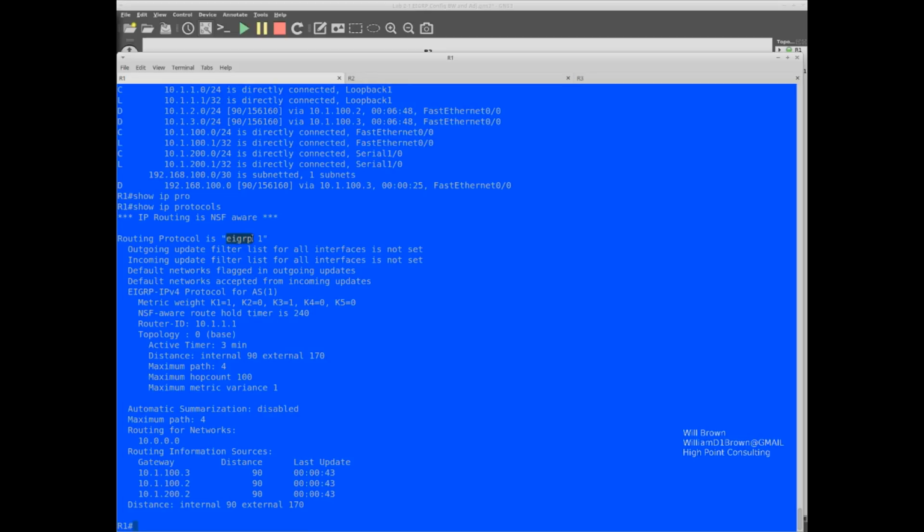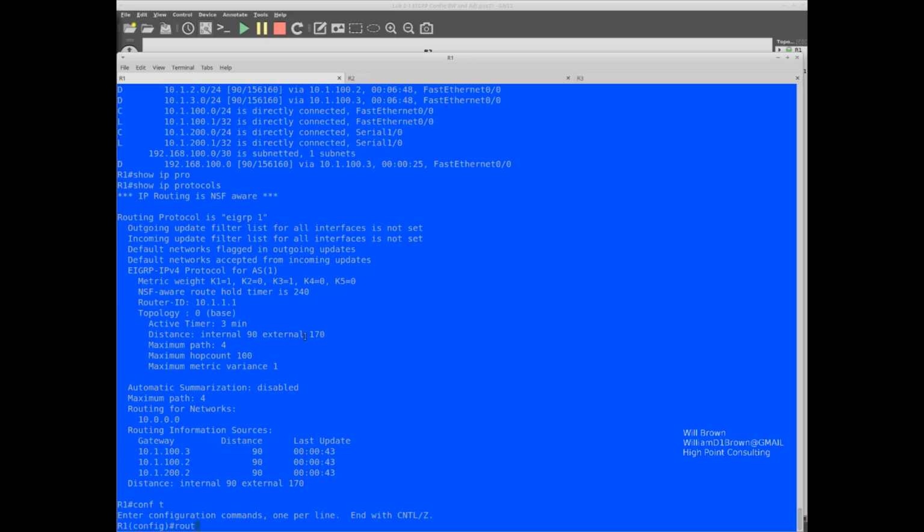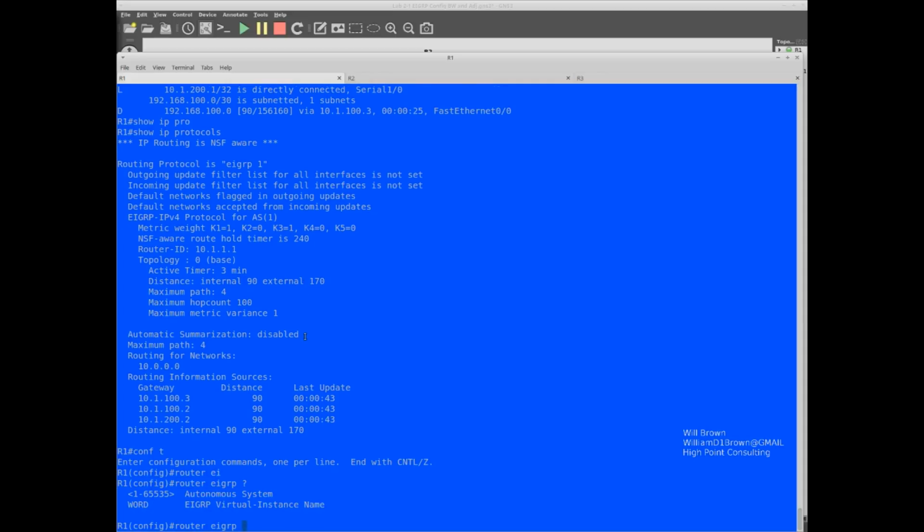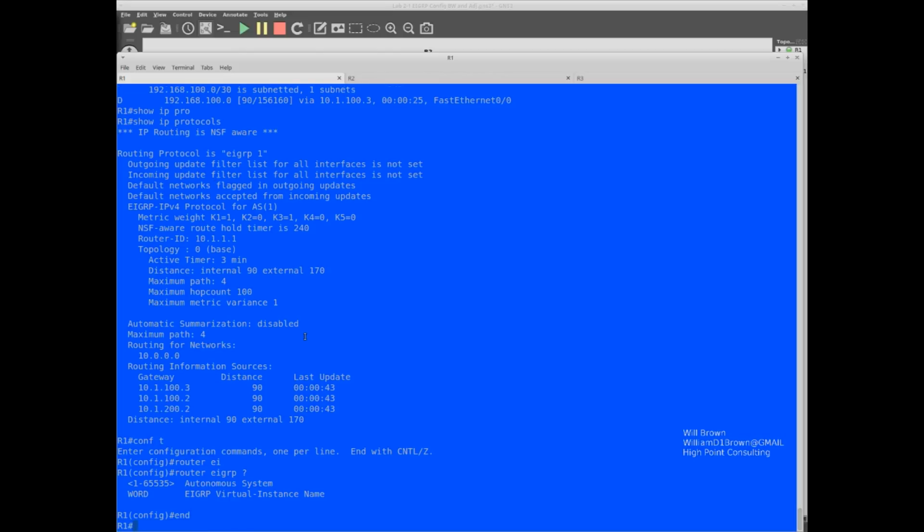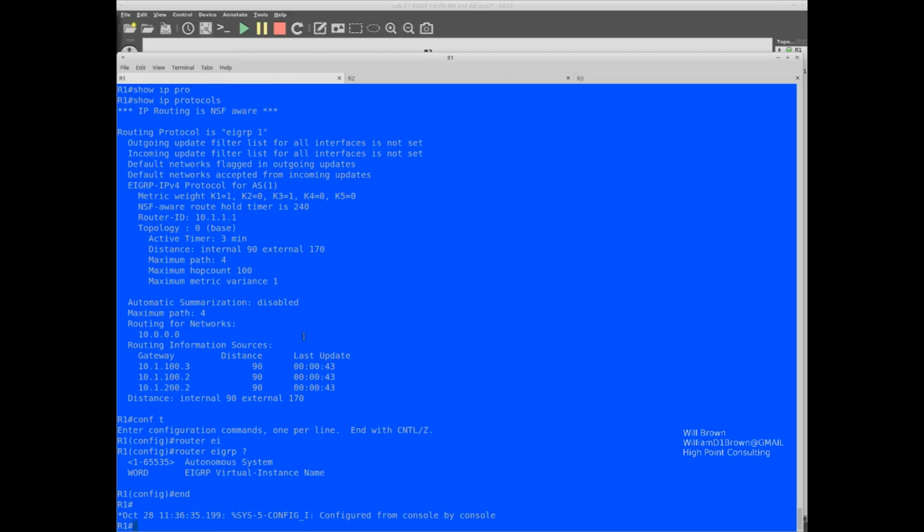We see that EIGRP with process ID, and make sure that if you ever have any doubt, router EIGRP, what is that? It's the AS. I said process ID, I need to get my mind clear here. I've been working in OSPF for the past week. So we have this AS for this EIGRP instance here.